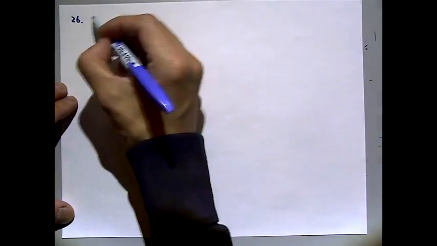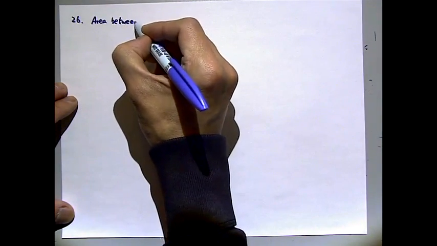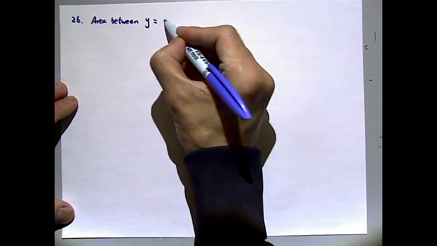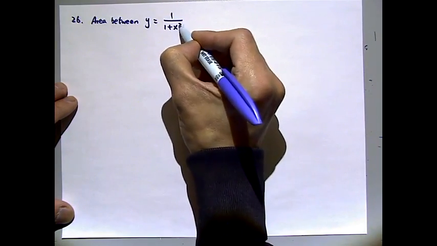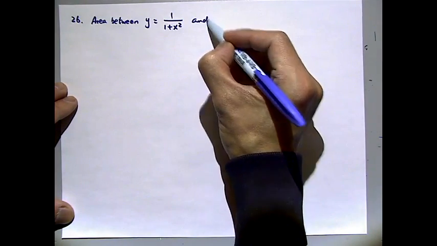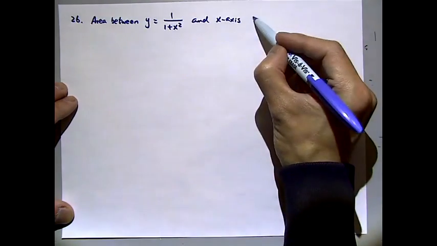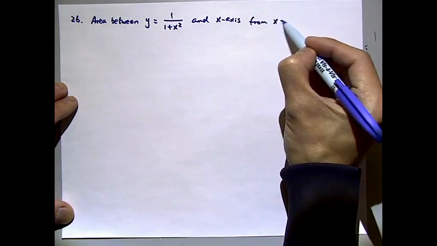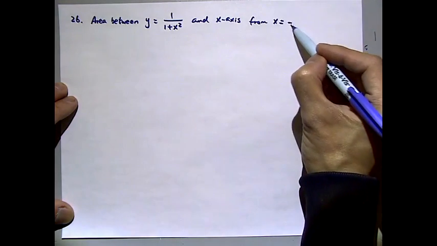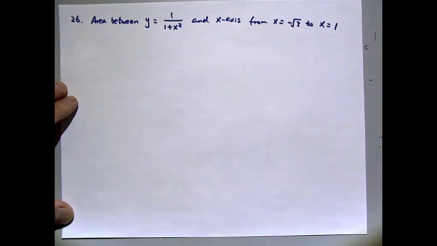Okay, 26. The area of the region between y equal to 1 over 1 plus x squared, and the x-axis from x equal to negative radical 3 to x equal to 1.